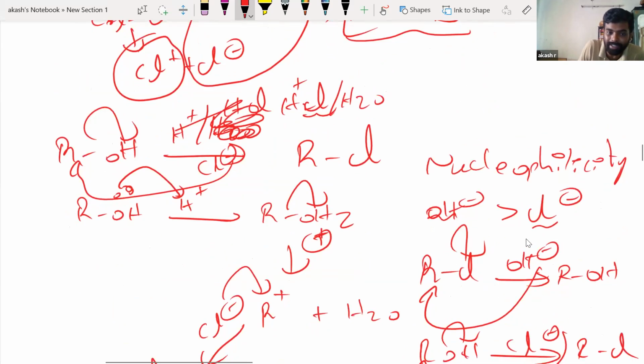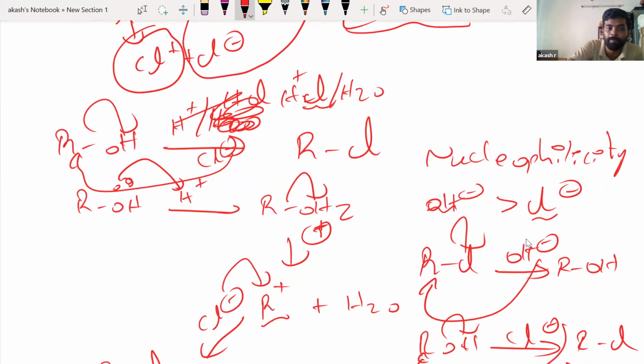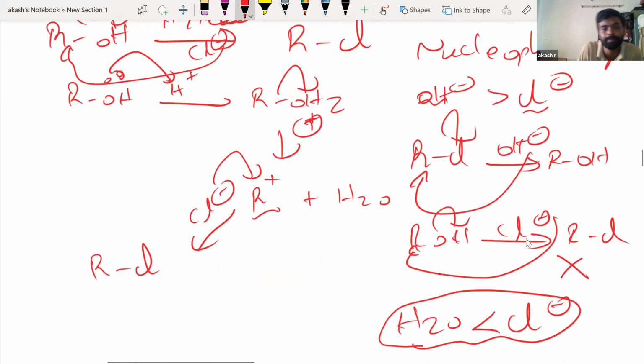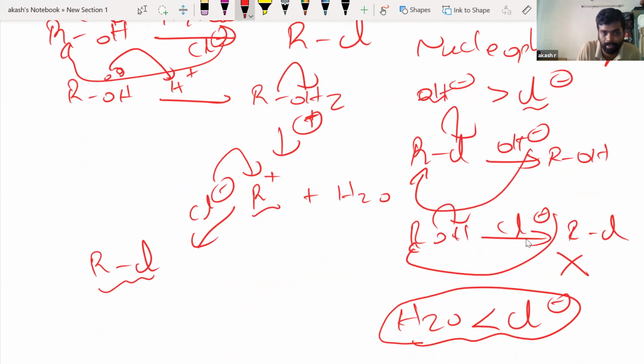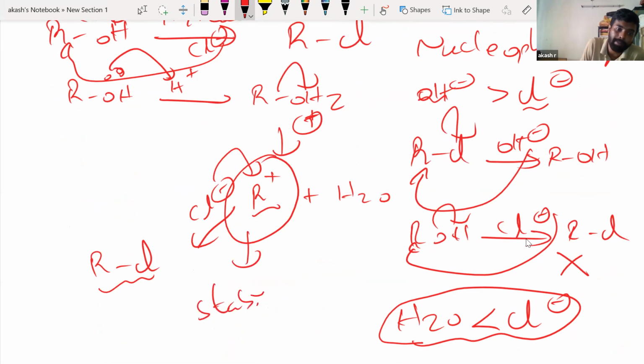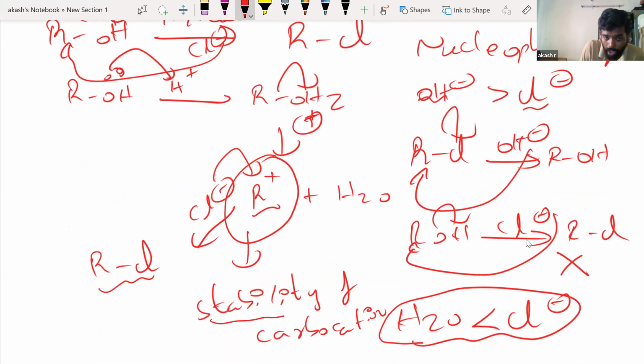So once this leaves, I form a carbocation, then Cl minus will attack R plus. The answer to this question is based on the stability of the carbocation, because there is a positive charge on carbon. So it is all based on the stability of the carbocation.